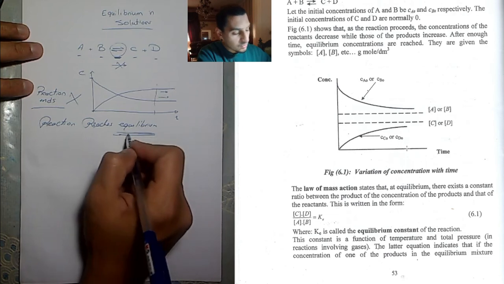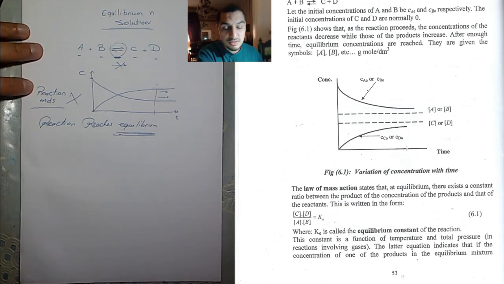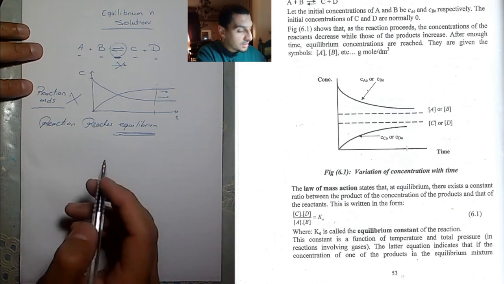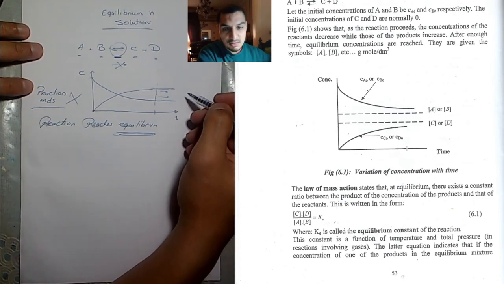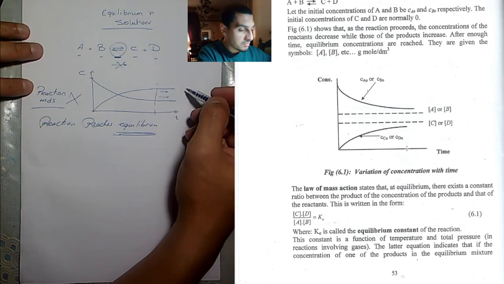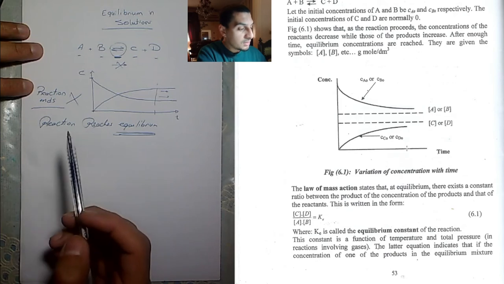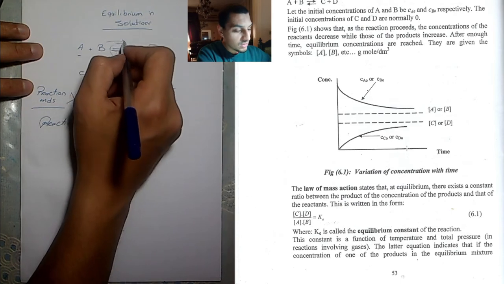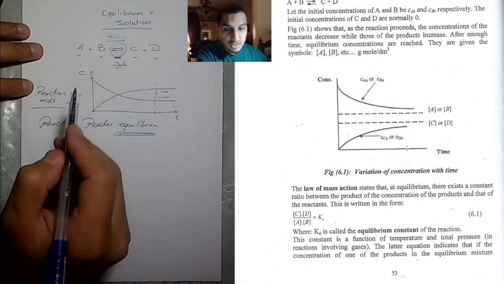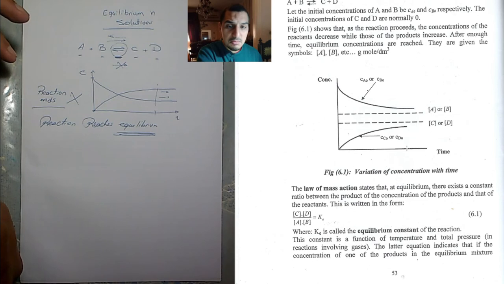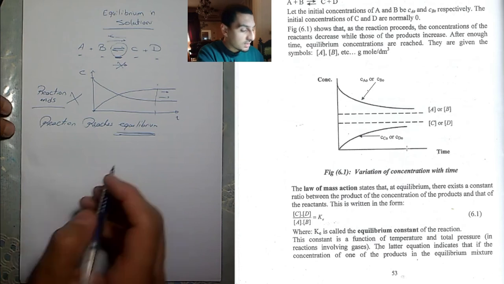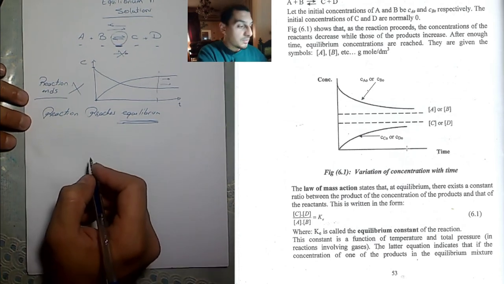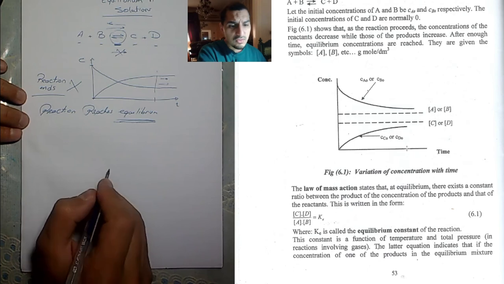It is important to understand that the concentrations remaining constant at the end of the reaction perform forward and backward reactions with equal rates. So I have 1 mole going in this direction and 1 mole going in the backward direction. There is a reaction taking place, but the net reaction is 0, and this is what we mean by equilibrium.